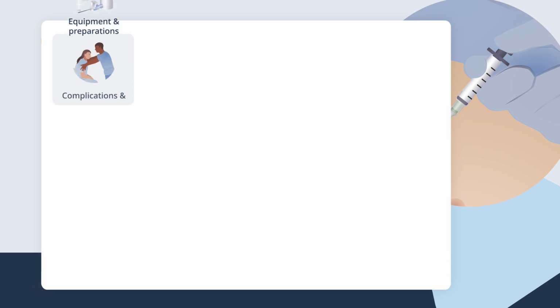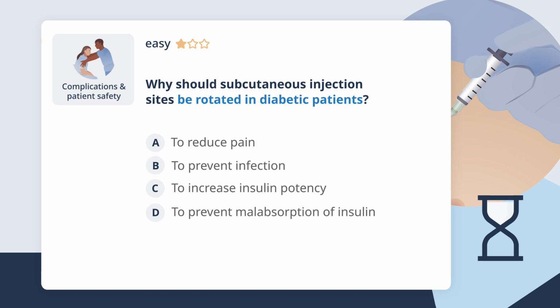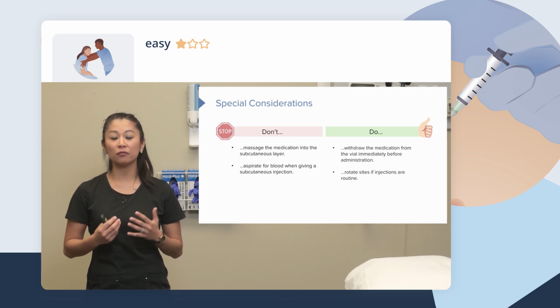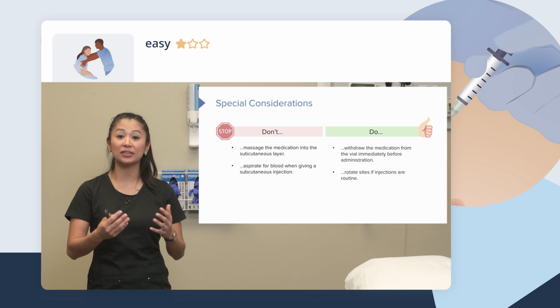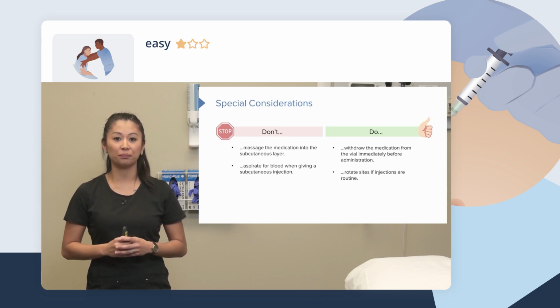Why should subcutaneous injection sites be rotated in diabetic patients? If I have a newly diabetic patient or even a patient that's been diabetic, it's important for us as nurses to teach them that they need to rotate injection sites every time they take an injection.